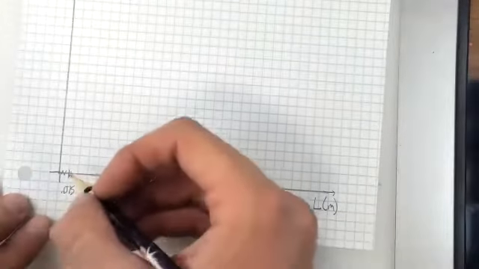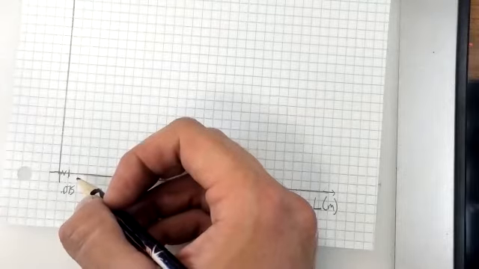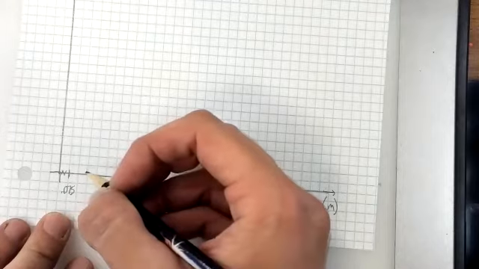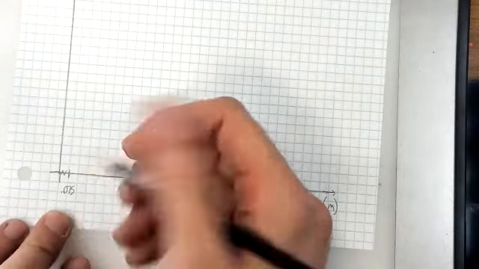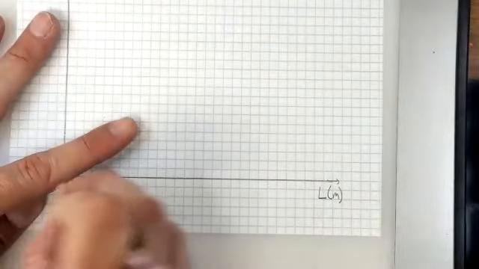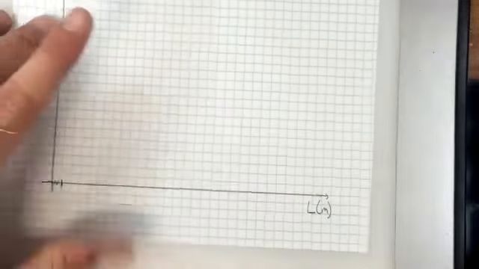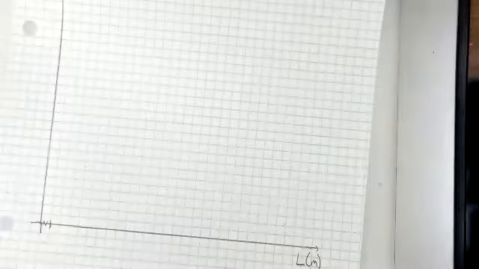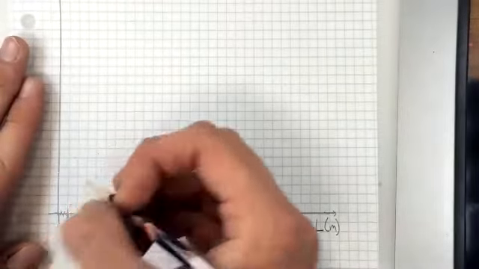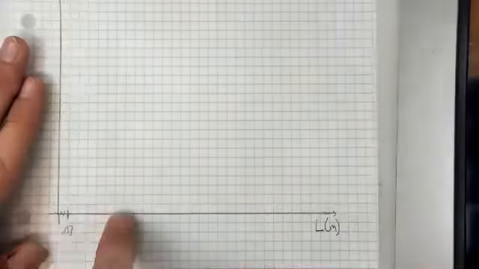So maybe I go up by 2.5 centimeters each time, so this would be 5 centimeters. All right, I'm going to change this right away. Always choose what's going to make life easier. Don't make it hard. It's hard enough without us working against ourselves here. So rather than calling that 7.5, I'm just going to call it 7. So 7.5 will be a little bit to the right of it.